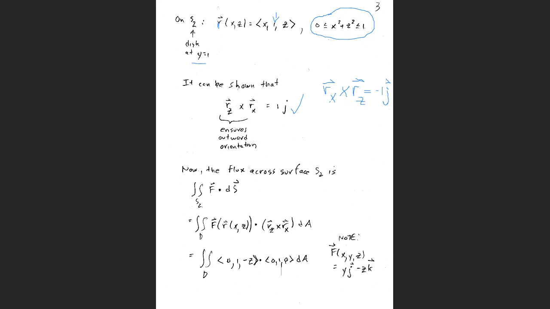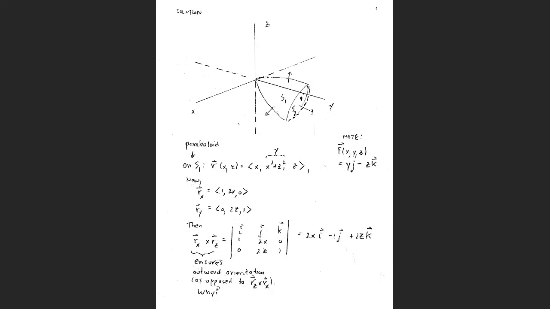Okay, that's fine. But if you look at your surface S2, is the outward orientation for surface S2 to the right or to the left with respect to the y-axis?